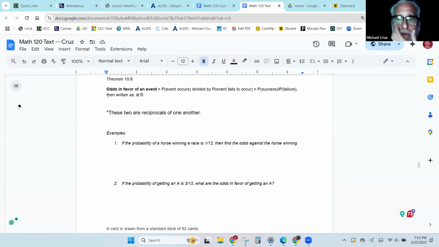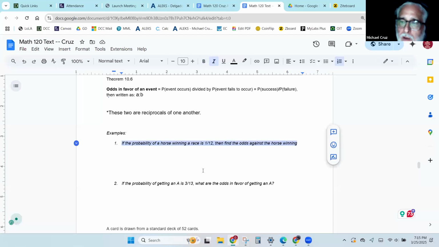All right. So if the probability of a horse winning a race is 1/12, then find the odds against the horse winning. So we got odds in favor. I'm sorry, probability of horse winning.